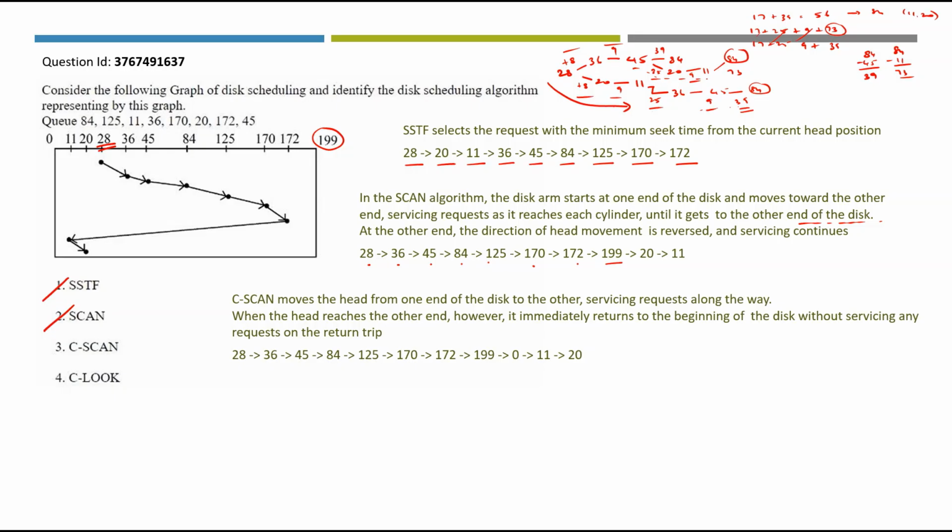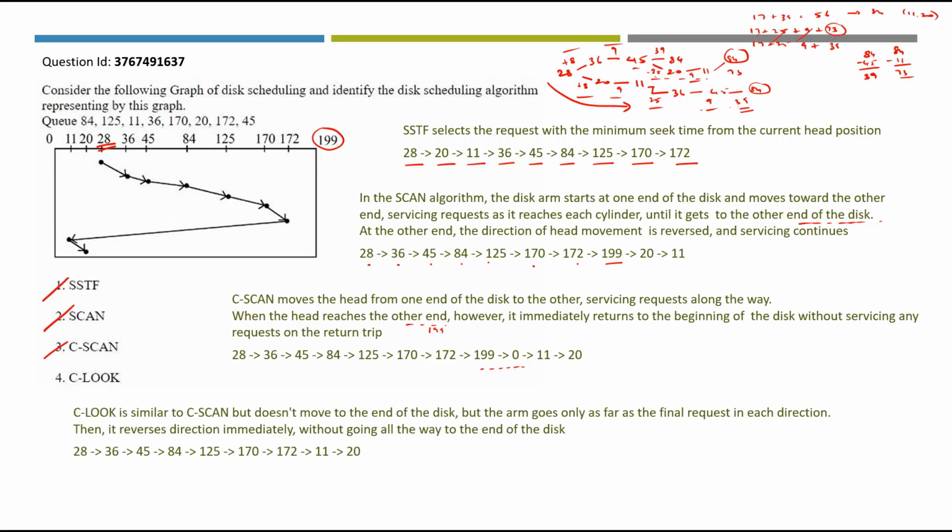It means once it touches the other end, which is 199, it has to immediately return to the beginning of the disk without servicing any request. After 172 it is moving to 11, but it is not touching 199 or 0, which is in the path of C-scan movement. So C-scan is also not the option.